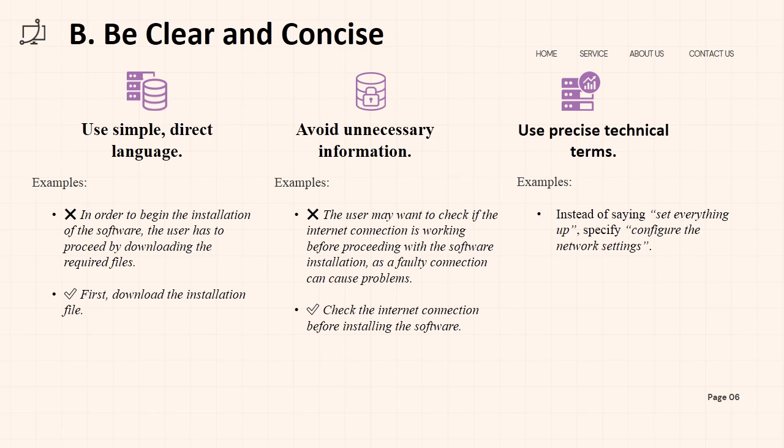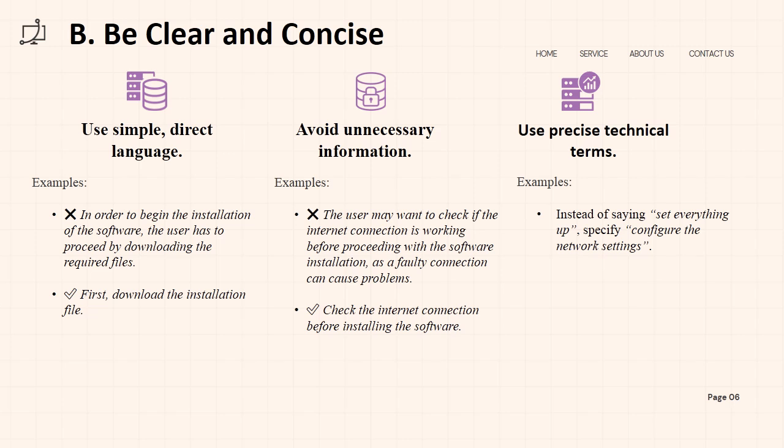In order to begin the installation of the software, the user has to proceed by downloading the required file. We feel that the language in this sentence is redundant, so you can just directly say: first, download the installation file, using the imperative. Second, you have to avoid unnecessary information.